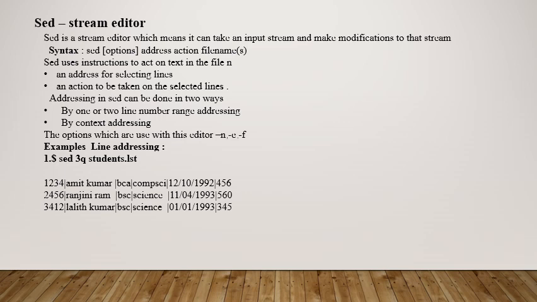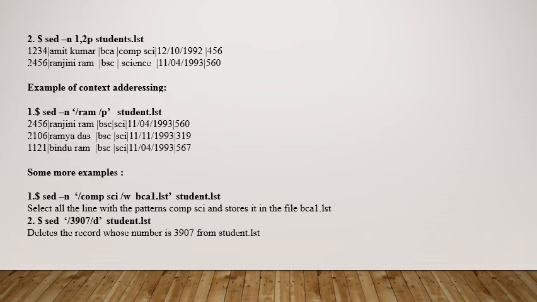This is the output of the second command, in which I've used the option -n. What will this option do? It suppresses the default output. You can see '1,2p' is line addressing, and it is applied to student.list.